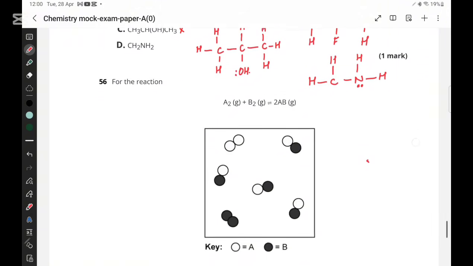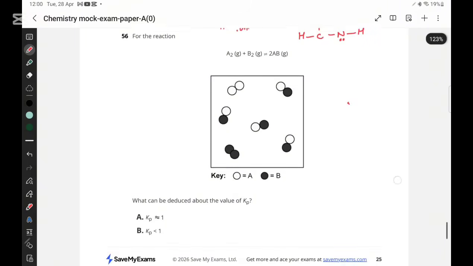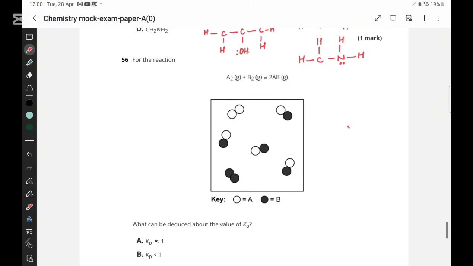For 56, what can be deduced about the value of Kp here? So Kp is going to be, AB is how many? AB is 1, 2, 3, 4. AB is 4 there, and A2 and B2 is 1, 1. Kp is going to be equal to AB whole square divided by A2 and B2.